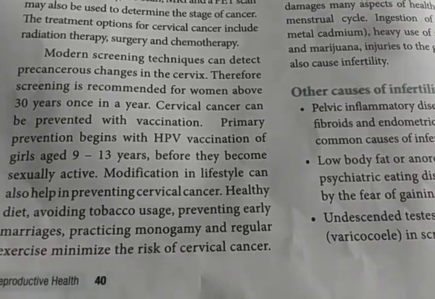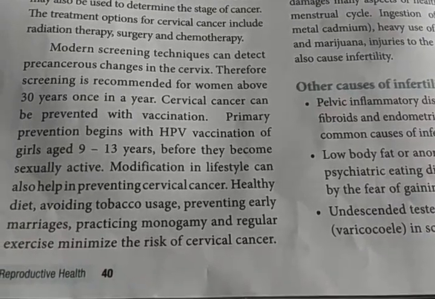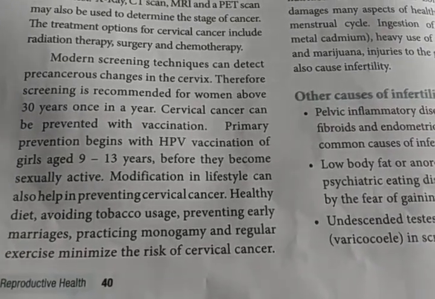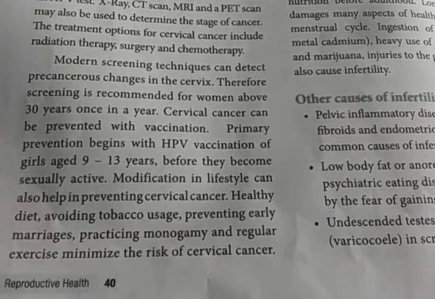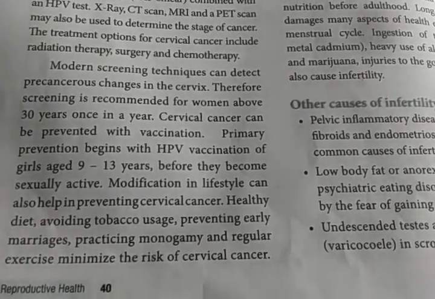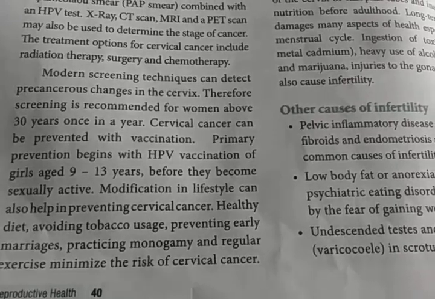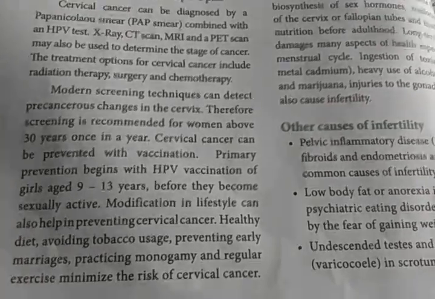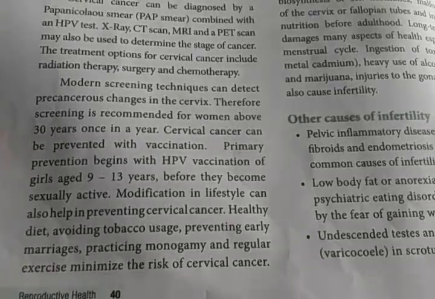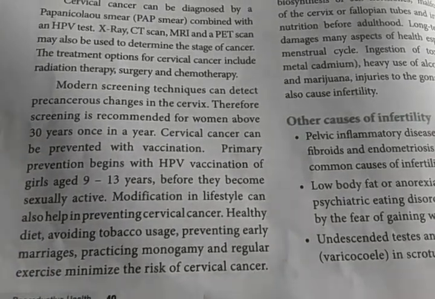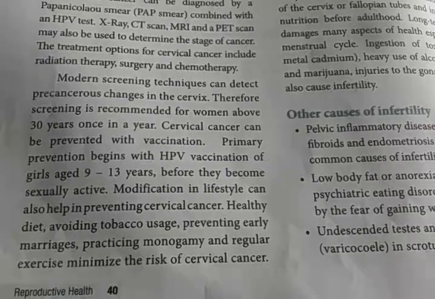Nowadays a number of screening techniques are there. With the help of those techniques we can detect any cancerous changes present in the cervix. So before the cancer forms, we can screen with the help of the technique and diagnose whether any cancerous growth is present or may come.